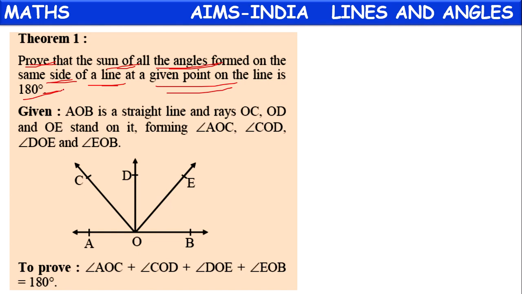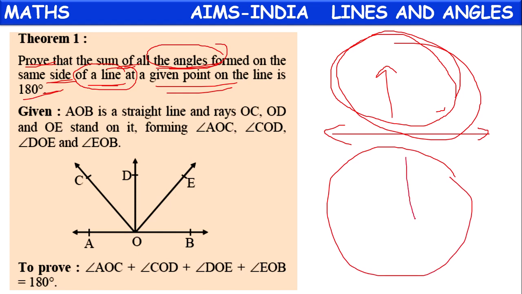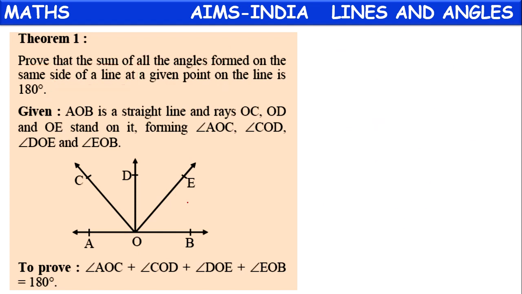Suppose a line is there; this part belongs to the upper side of the line, and this part belongs to the downside. If the sum of all the angles formed on the upper part or the downside part of the line equals 180 degrees, that we have to prove.